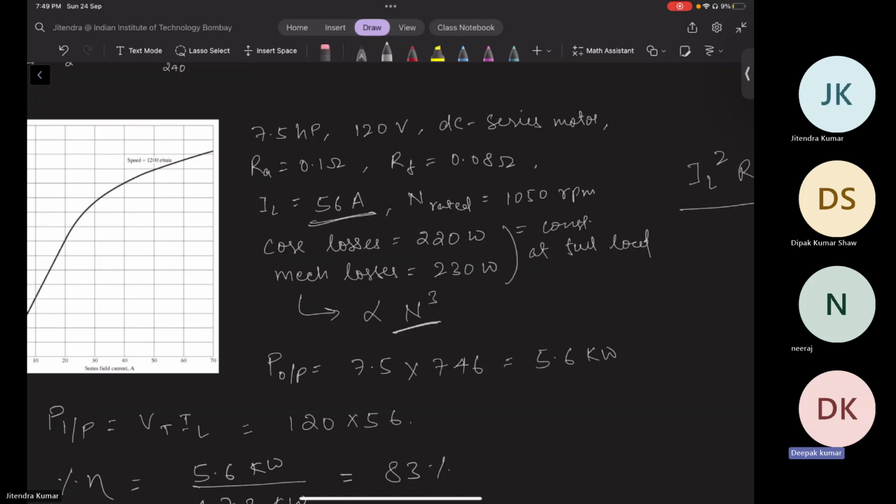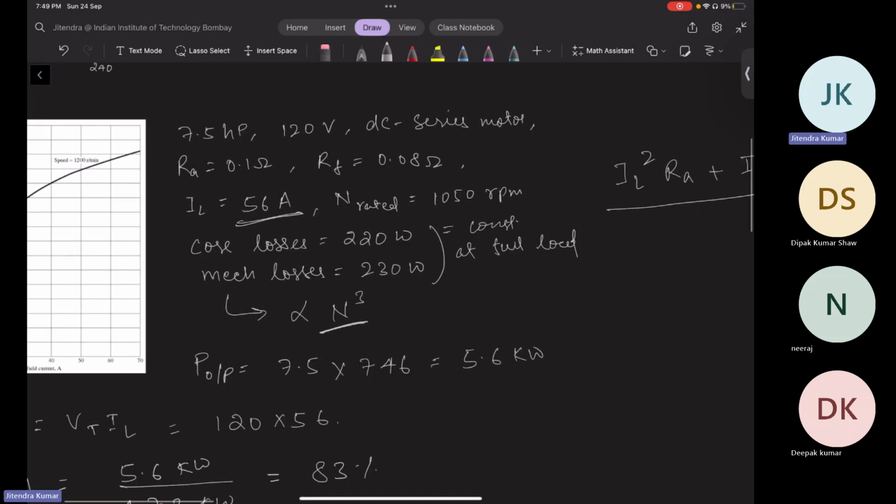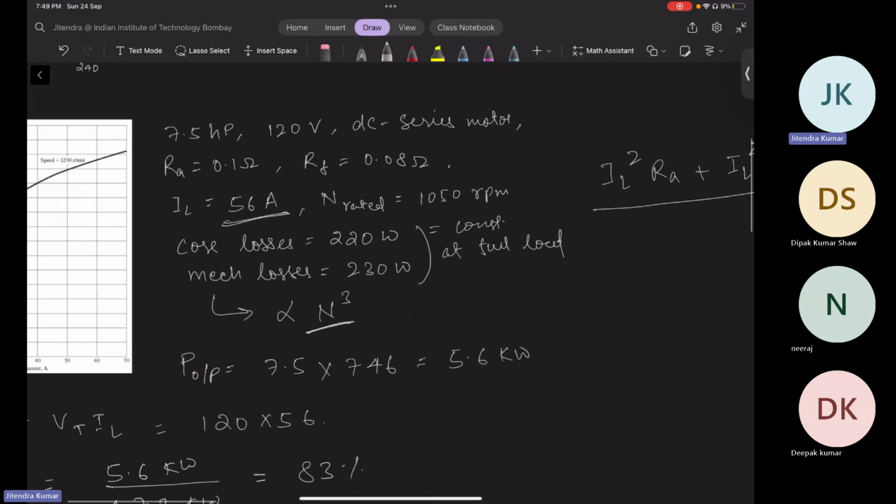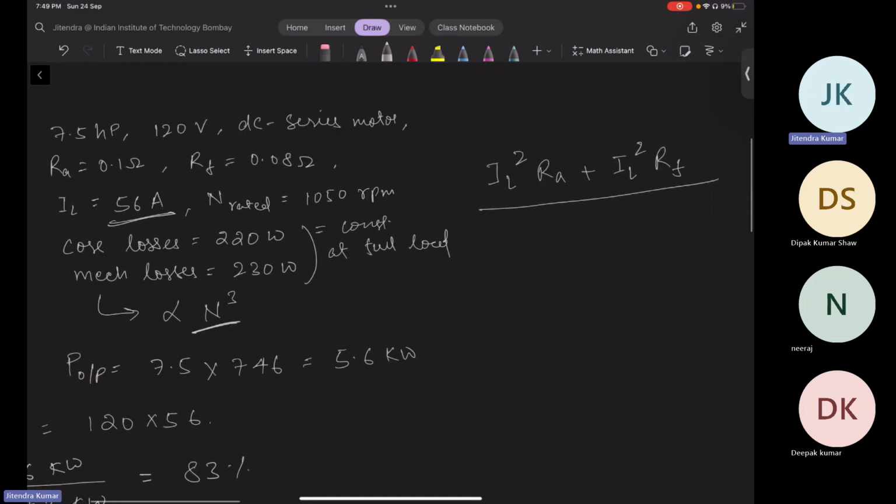Sir, we can find out the EB and then we can find the speed at this current. Yes, whenever we have to find out back EMF, we have to relate the speed and back EMF. So we have to find out the EB at two different armature currents, right?